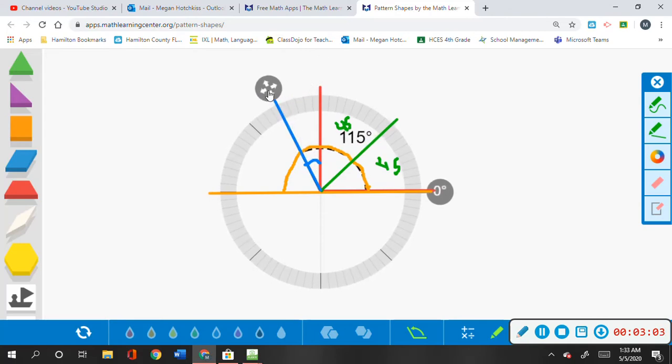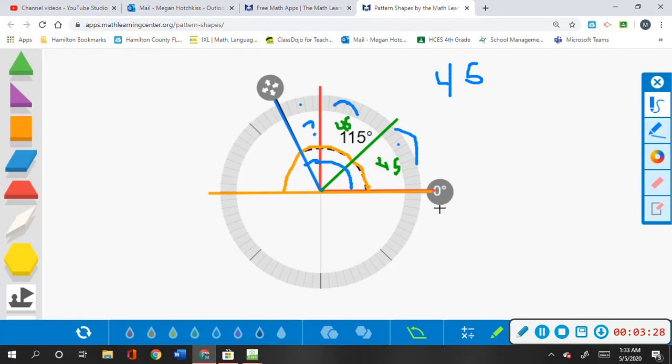This angle has how many different angles in it? It has 1, 2, 3 angles in it. We know that these 2 angles are 45 degrees each, but we don't know what this angle is.